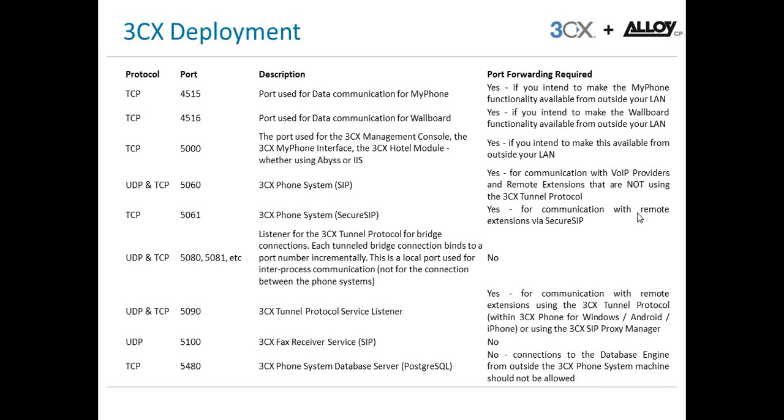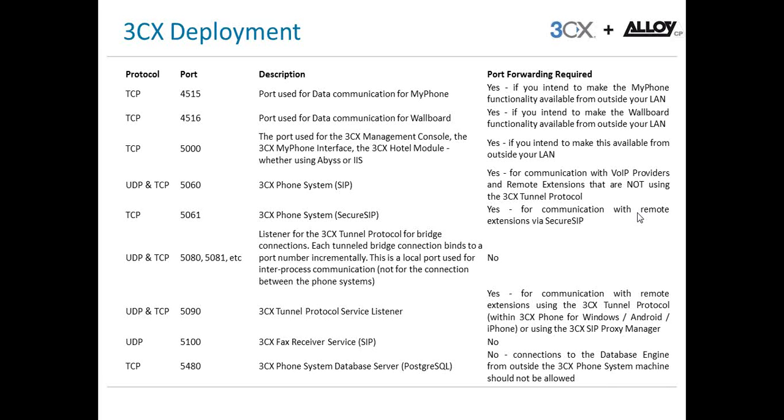So these next 2 slides, as I said before, are worth the price of admission. It gives you a list of all the ports that are used by 3CX, what they're used for, and whether or not they're required to be used externally to your network and therefore require port forwarding. So it's a pretty simple document.